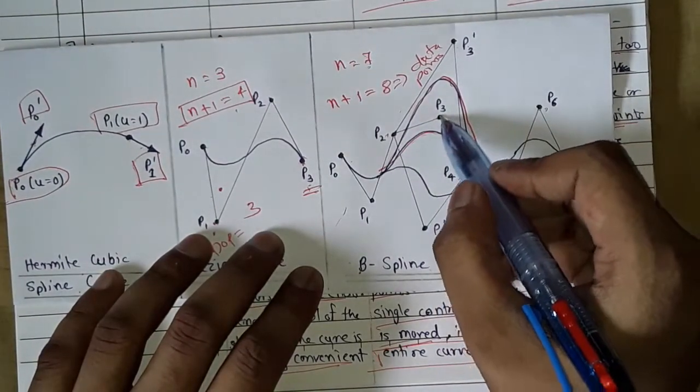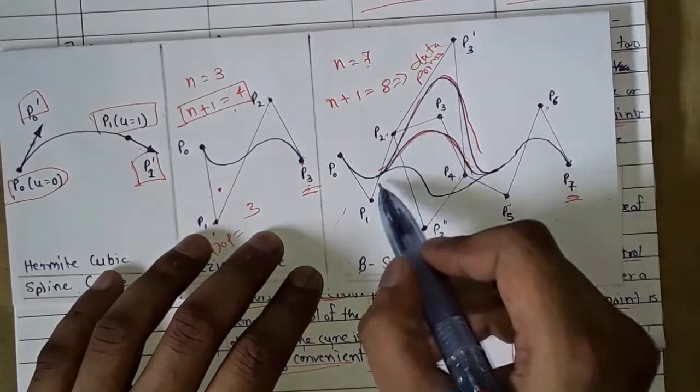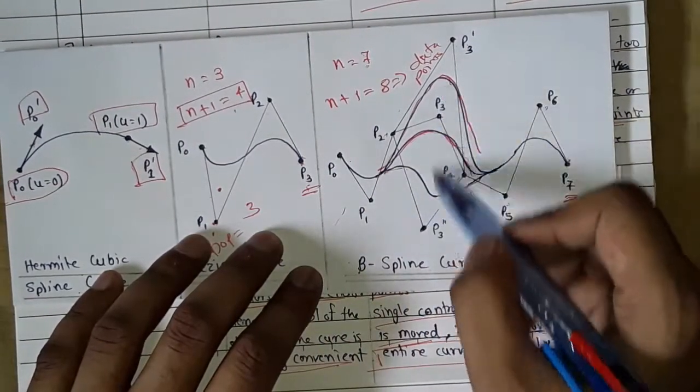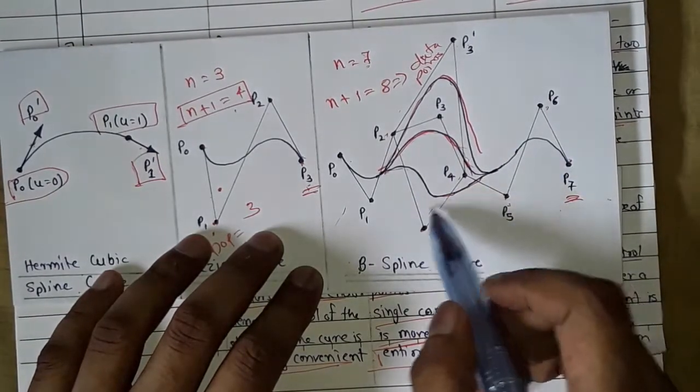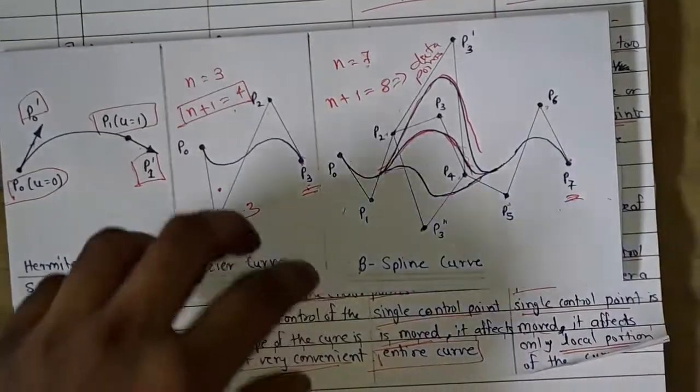And if we move this point P3 here, then this local curve will move here. That is, it only affects the local area of the curve without affecting the entire curve.